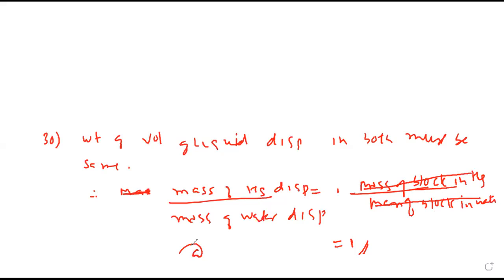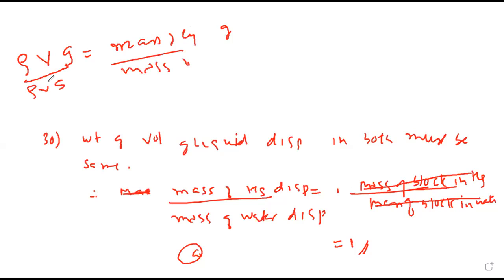Option A. Because density of body, volume of body into G is mass of liquid displaced into G. These two are same. When you take the ratio, this will be mass of liquid in water.